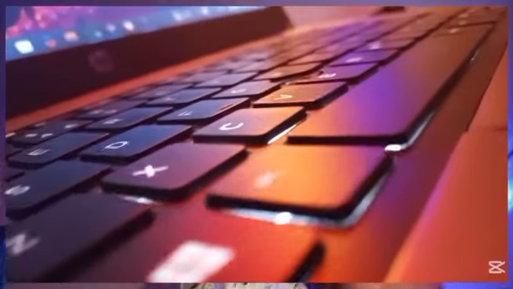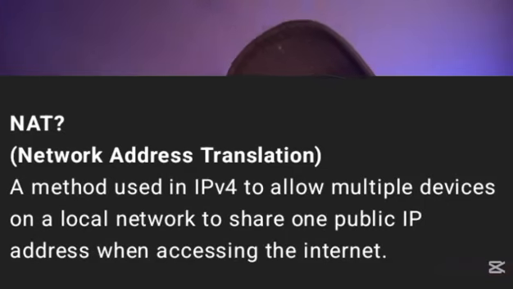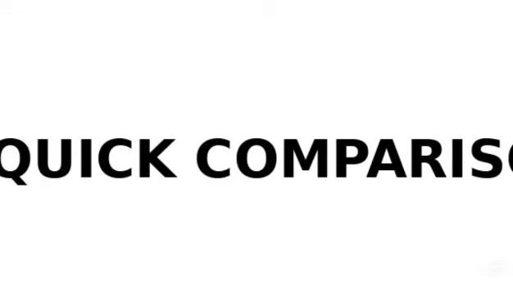Which gives us over 340 undecillion addresses. That is a 3 followed by 38 zeros. It also supports better security and routing, and doesn't require something called NAT, a method we've been using in IPv4 to share addresses among multiple devices.